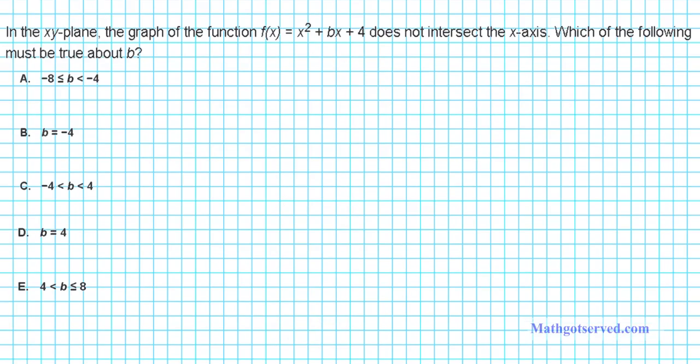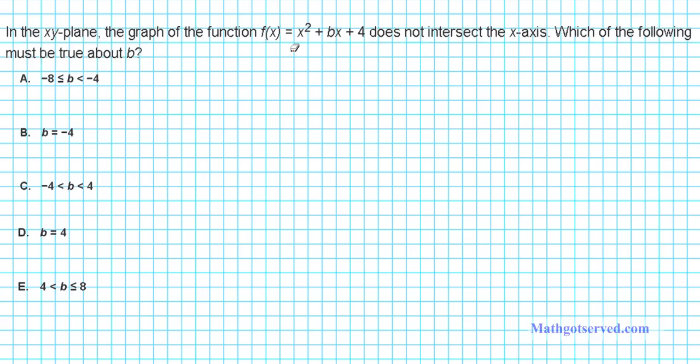All right, let's take a look at question number 4. It says, in the xy plane, the graph of the function f of x equals x squared plus bx plus 4 does not intersect the x-axis. Which of the following must be true about b?